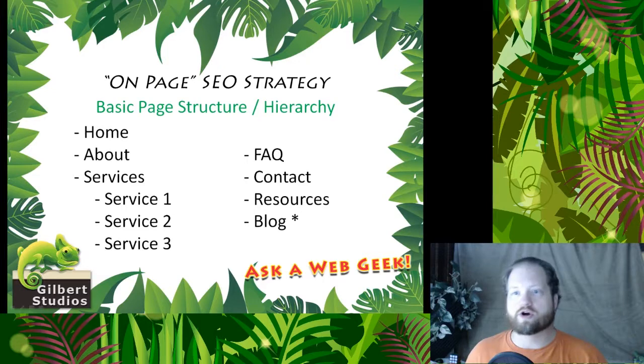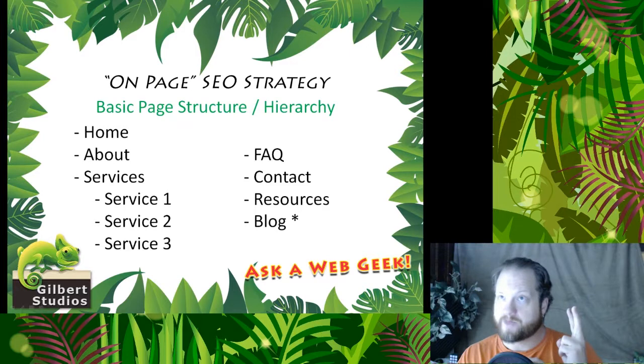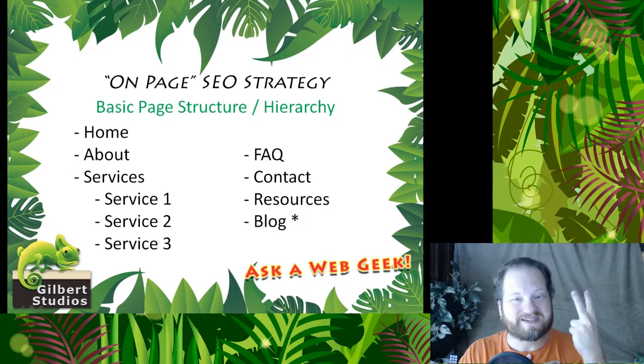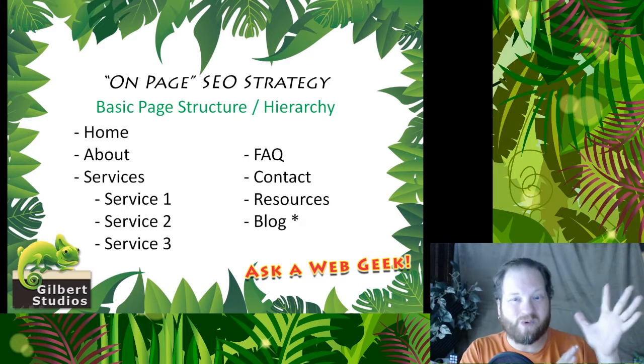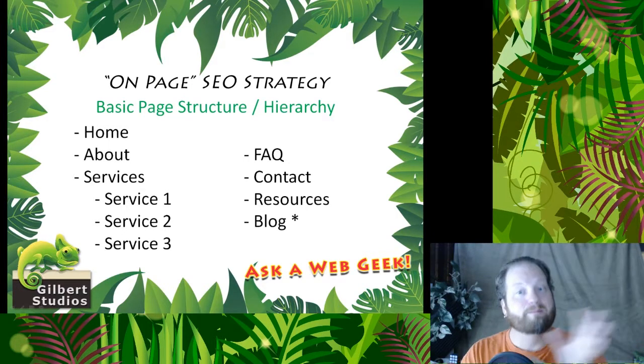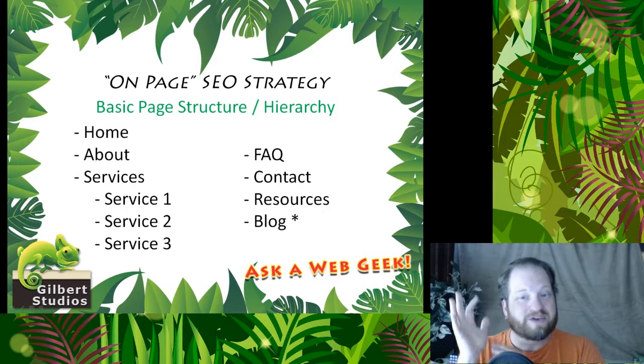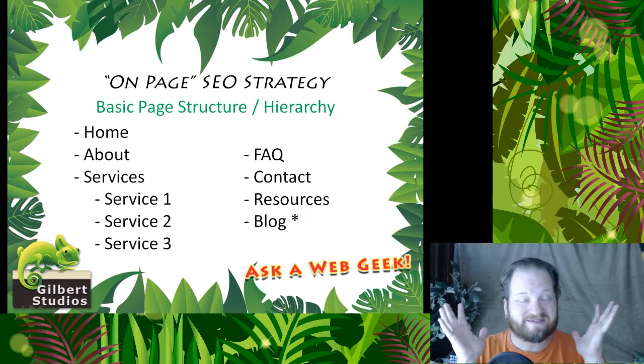So let's start with your on-page SEO strategy. The first thing I want to tell you about is a basic page structure or hierarchy. Now, I remember what I was going to say a few minutes ago. We have to appeal to two different entities. Number one is the Google robot, but number two is the human person that's coming to your website. So this is very tricky.